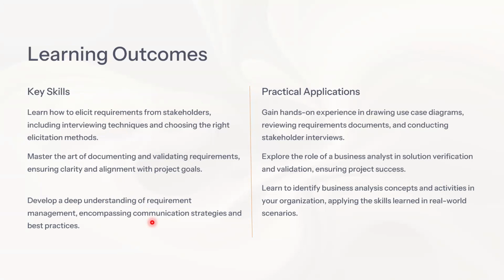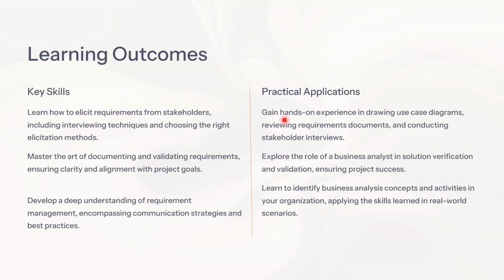While you learn these skills, you will also learn how a BA goes through their assigned tasks in different phases. All the work that we do, we will try to go through the SDLC, the software development life cycle.